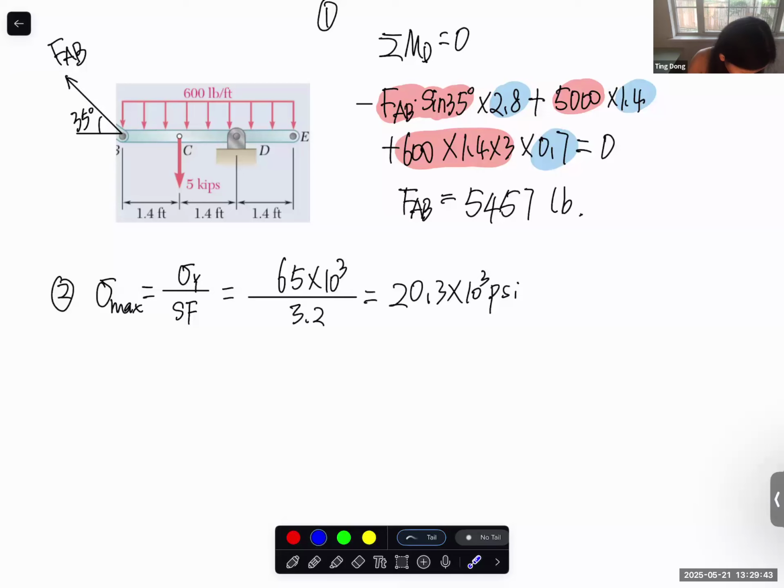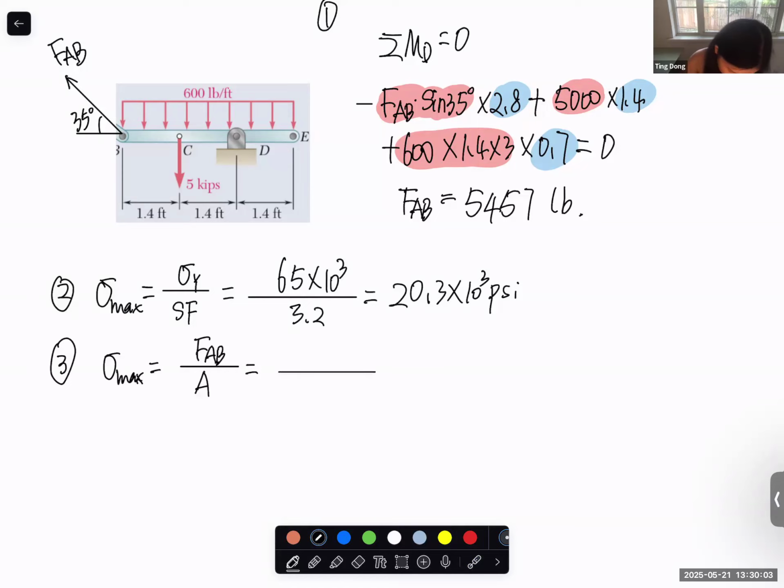So, third step, calculate the cross-section area. We already know that the maximum stress in the structure is equal to FAB divided by the cross-section area of AB.